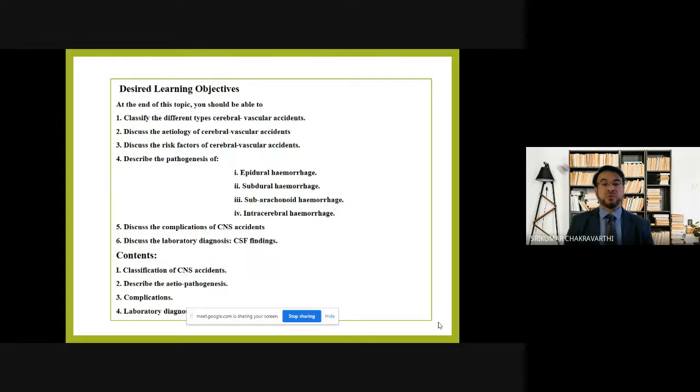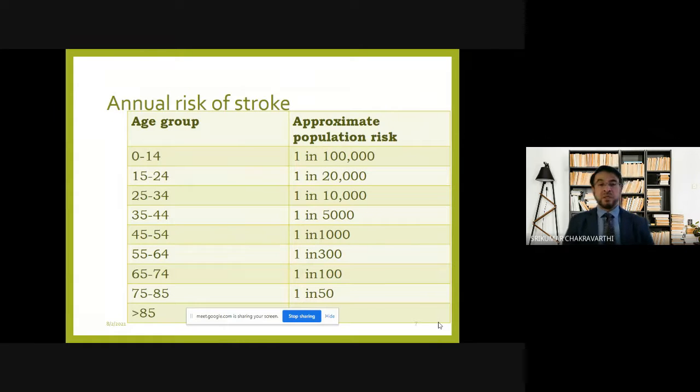So as much as I've showed you pictures of imaginary characters until now, I'm going to discuss what happens when a damage or a breach occurs in any of these 3 layers in the brain, which is the epidural space, the subdural space, the subarachnoid space, and inside the brain, the intracerebral space. When any hemorrhage occurs in the brain, it results in a stroke.